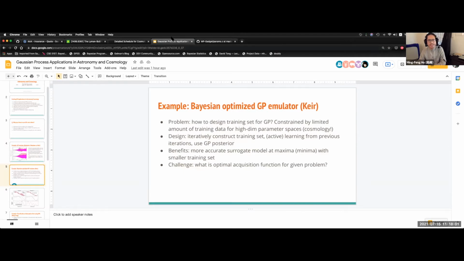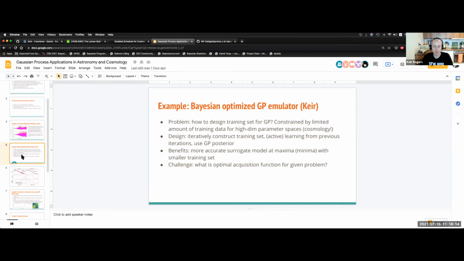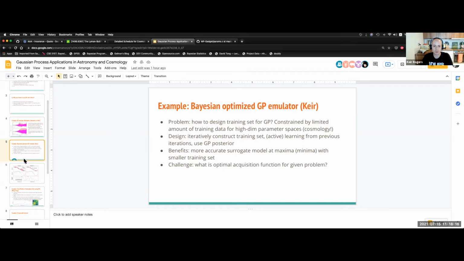Please go ahead, Kier. Yeah, so I talked about this in my parallel talk, so I'll just go over it relatively briefly. This is work on what's called a Bayesian optimized Gaussian process emulator.